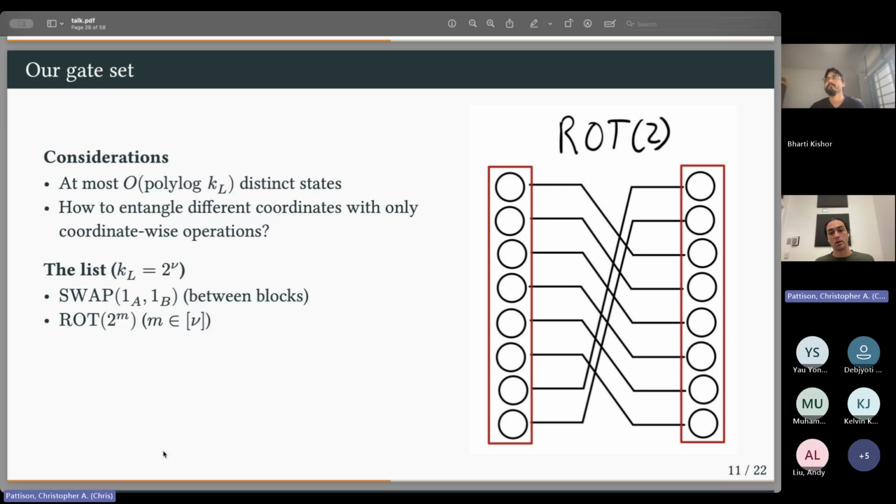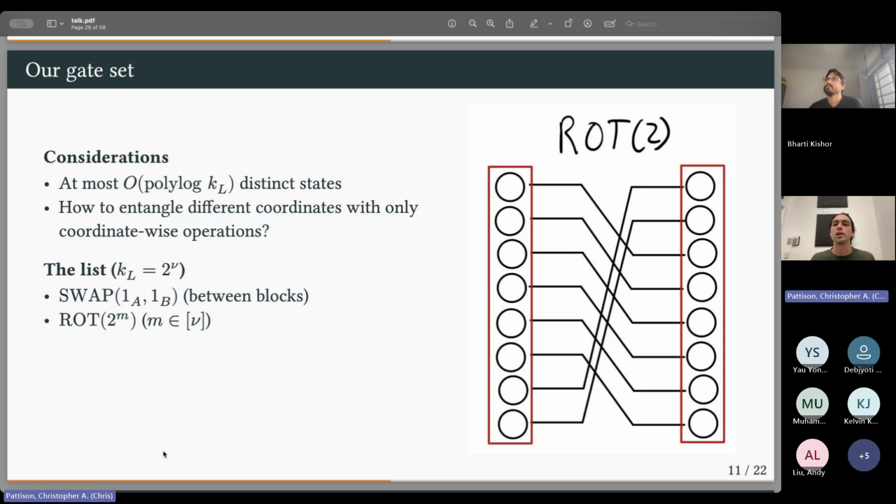The first two gates that we're going to distill resource states for: one is we're going to swap the first two logical qubits in our block between two blocks. The other resource state is a rotation of the block, and we're going to have one for every power of 2.